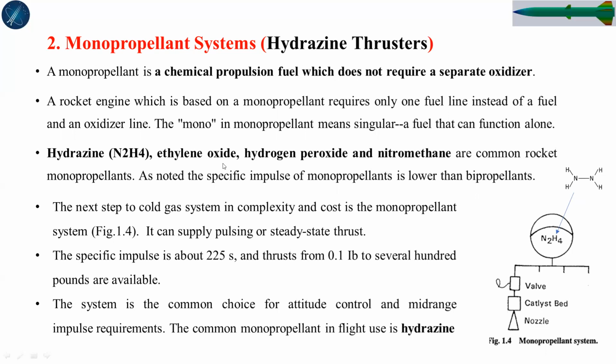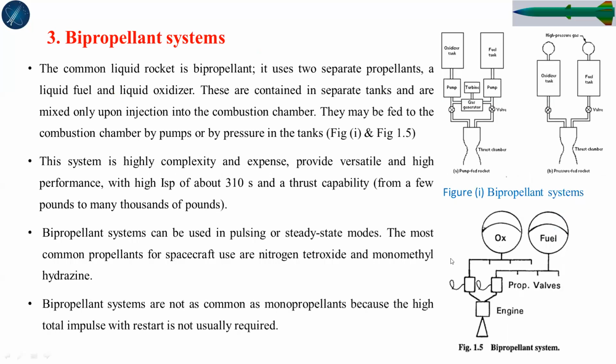Okay, so in monopropellant, we have only one propellant, that is hydrazine. This is the chemical formula of hydrazine. And in bipropellant, we need two types of things: one is the oxidizer or oxidizing agent, and another is the fuel.